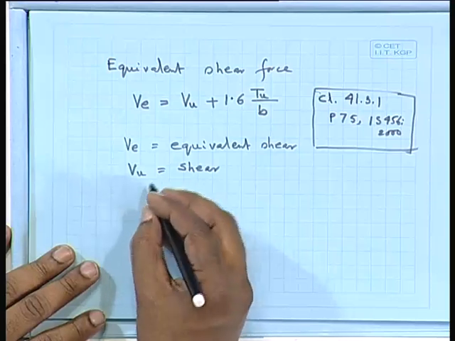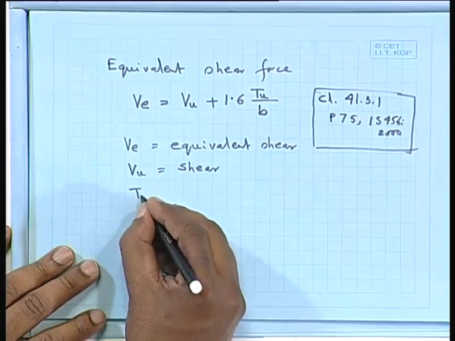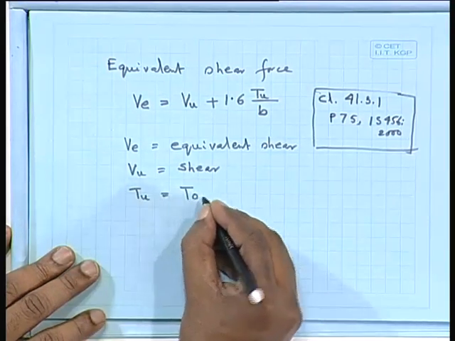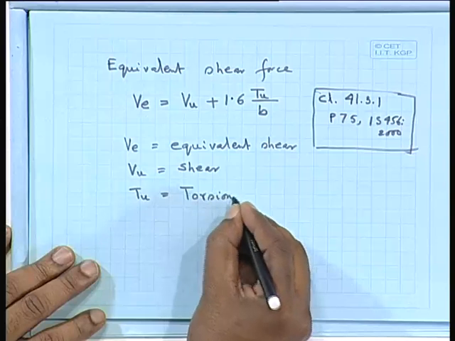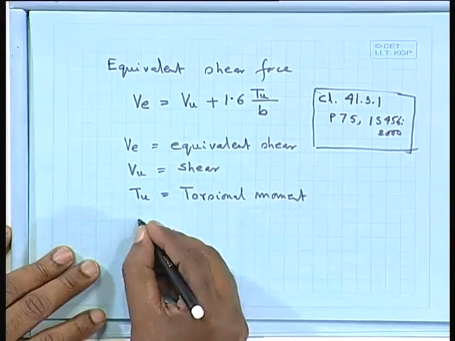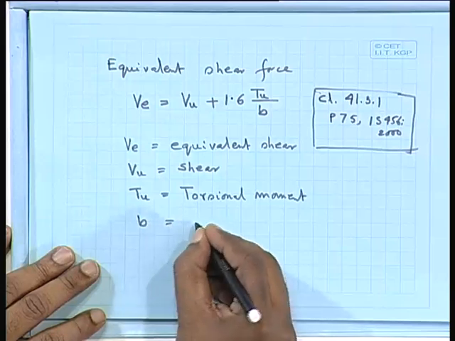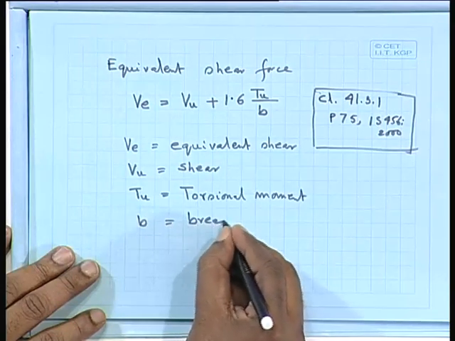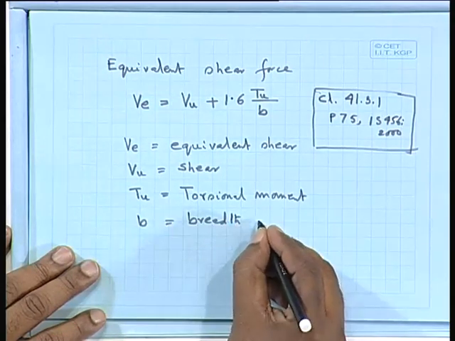TU is the torsional moment, and B is the breadth of beam.